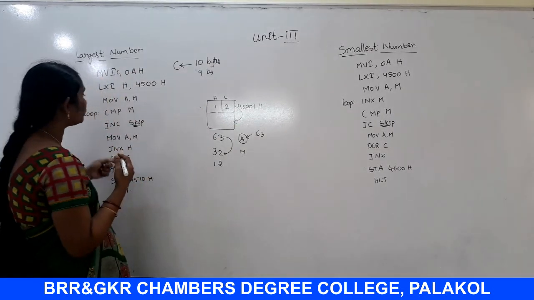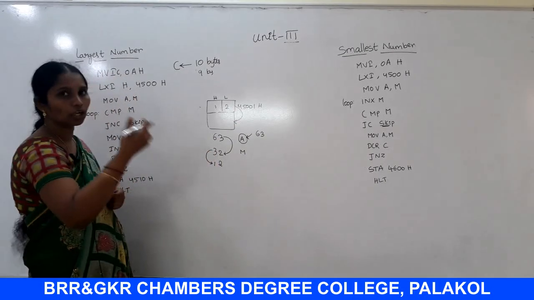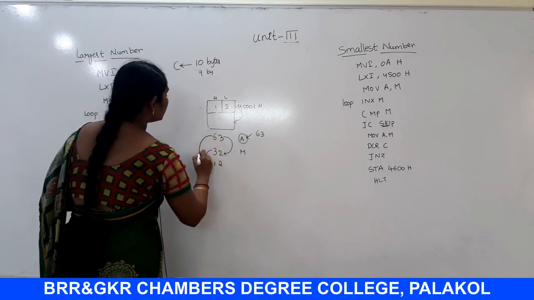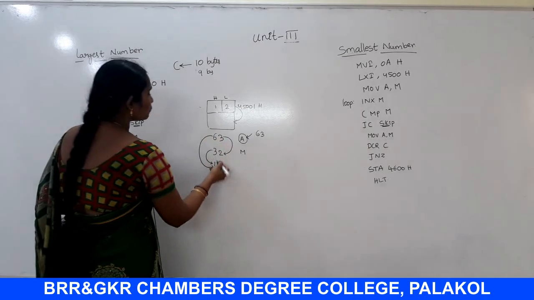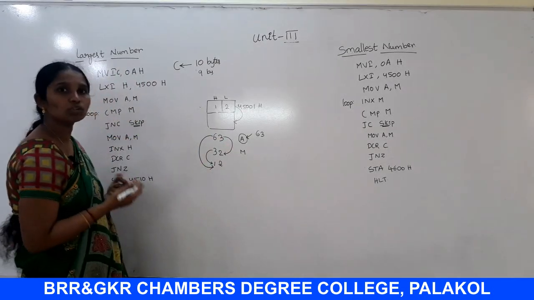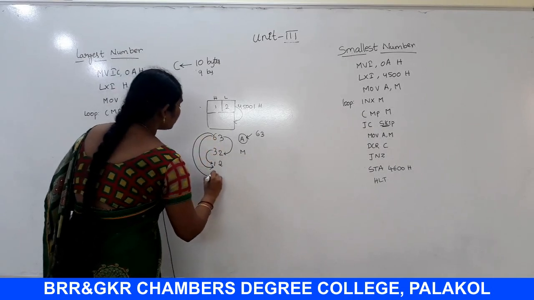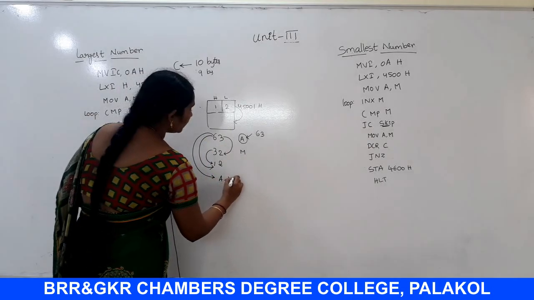After that, decrement C, so the count is decreasing. Then compare this 63 with the 12. Whichever is bigger, no carry is generated, therefore this 63 stays stored in the accumulator.